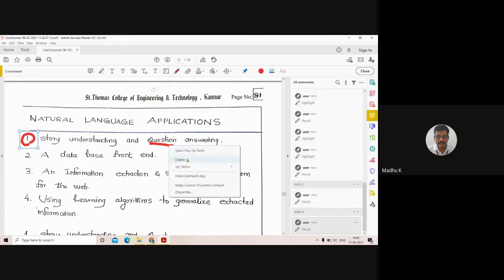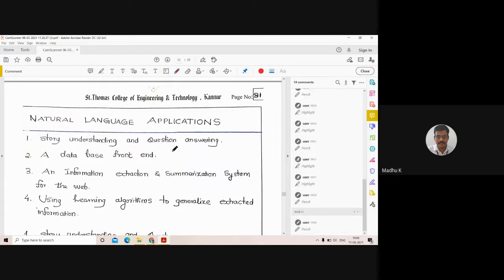It is just like a customer care application, intelligent customer care, like chatbots. What is meant by a chatbot? You give some questions and it will produce an answer. So this is the first application of NLP.